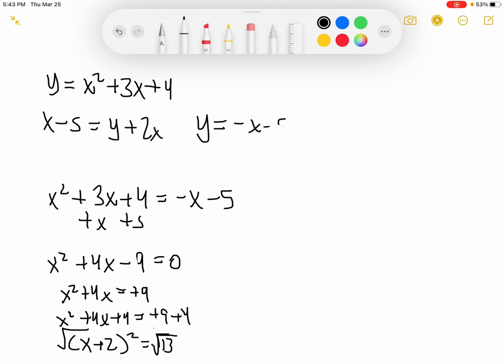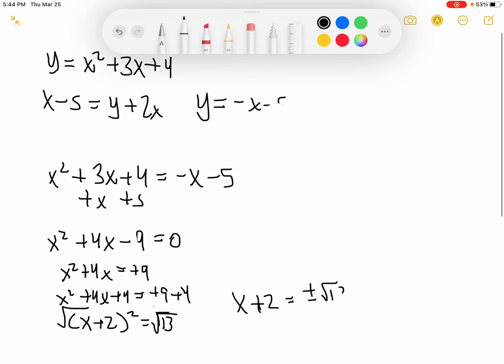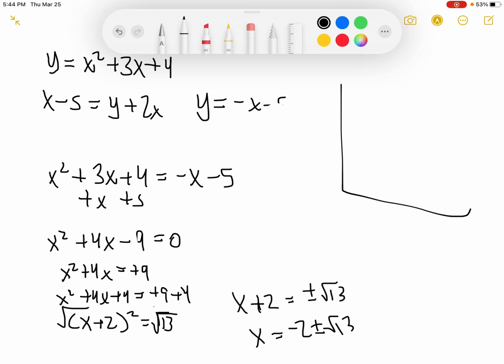So then you have x plus 2 equals plus or minus square root of 13, which means that the x coordinate is going to be this, which means there are two points of intersection, and you need to know that x and y.